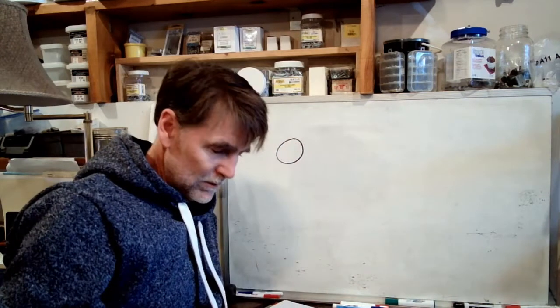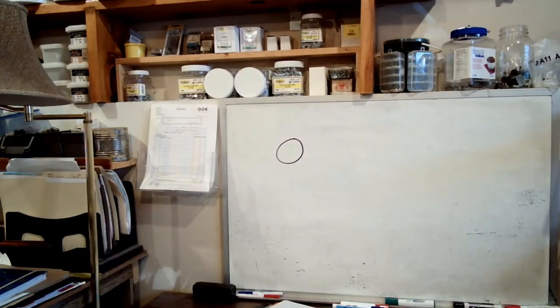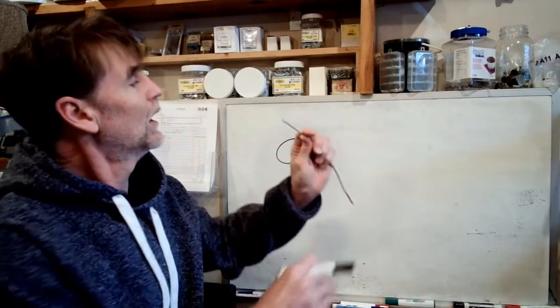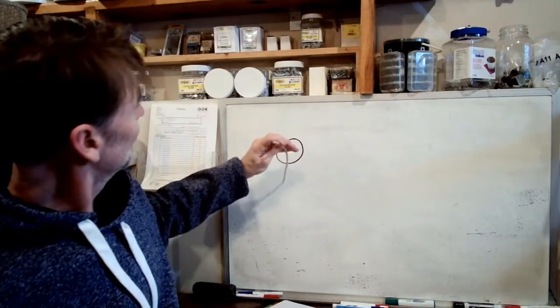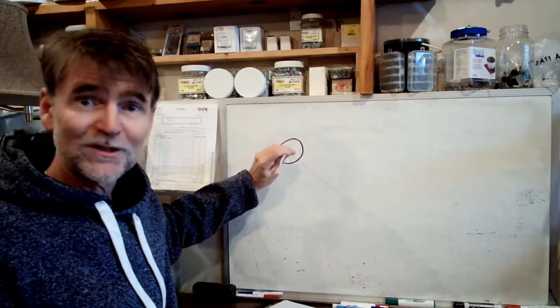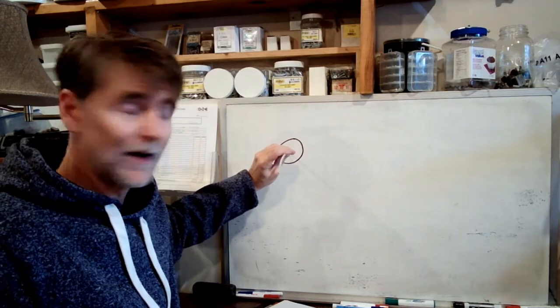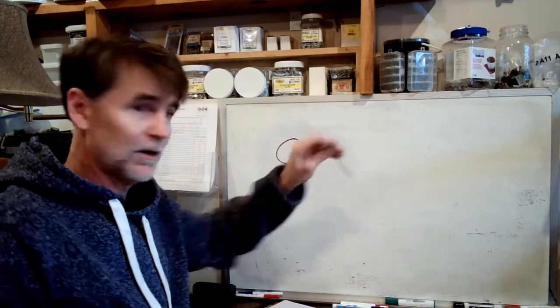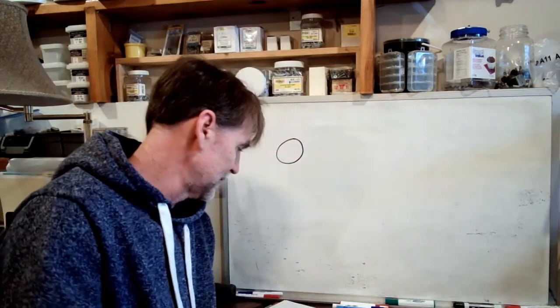That's our conductor. We've taken a piece of wire, and we have cut it, and we are looking at the end of it. So there it is. That's our piece of wire. And the question is, what direction is the current flowing through that wire, and what direction are the lines of flux around that wire as a result of the current? So that's the task at hand.